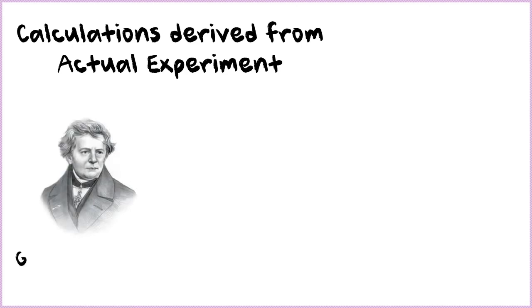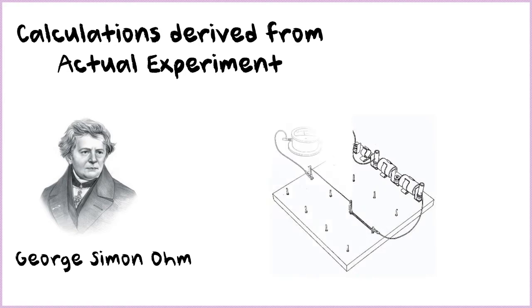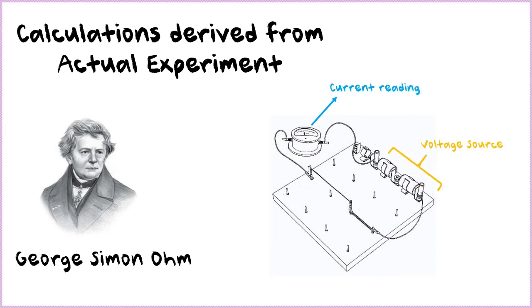Calculations are derived from actual experiment. It was actually done by a famous German physicist, Georg Simon Ohm. The experiment is a very simple circuit with a current reading, connected to the voltage source, which is our batteries, and connected to a very special type of metal, which we call a nichrome wire, with a length of 0.5 meter.